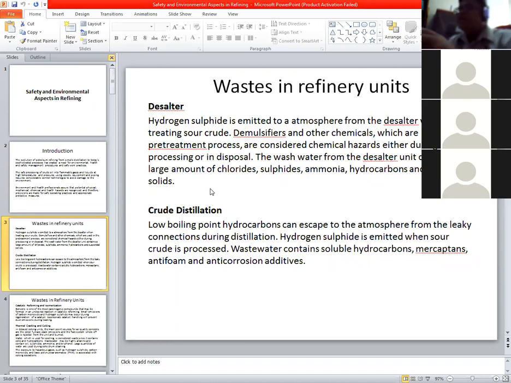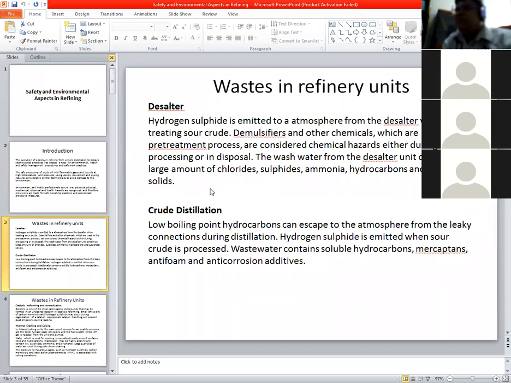Because in the desalter, when we wash the crude oil with water, since we are using the additives, the washed water, whatever comes out as effluent from the desalting unit, may contain heavy metals, these polymeric materials, and also caustic alkaline.